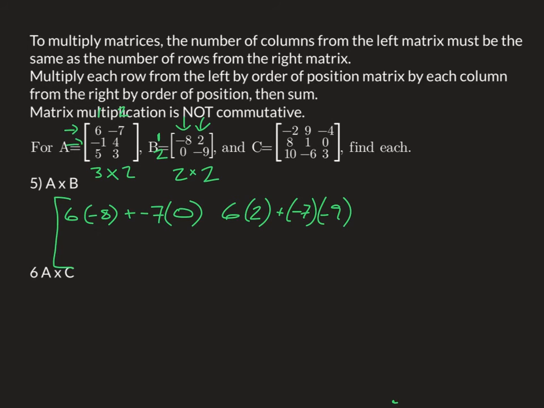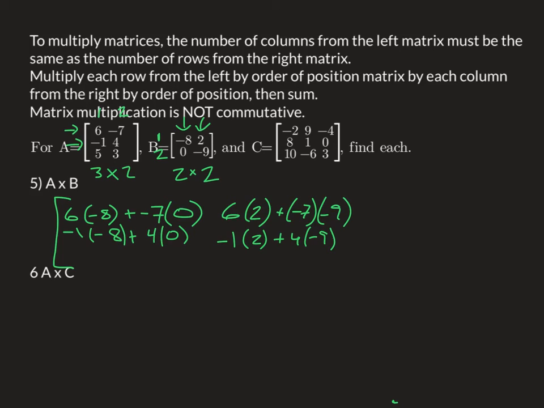Now we're going to move to the second row, which means in my new matrix, I'm going to move to the second row. -1 and 4 are going to multiply by -8 and 0. So -1 and -8 come first, and then 4 and 0 come second. Then I'm going to take that same row, the -1 and 4, with the second column, the 2 and the -9. So -1 with 2, and 4 with -9.